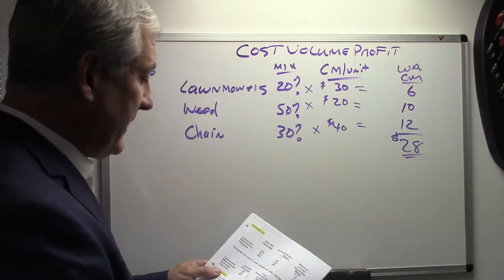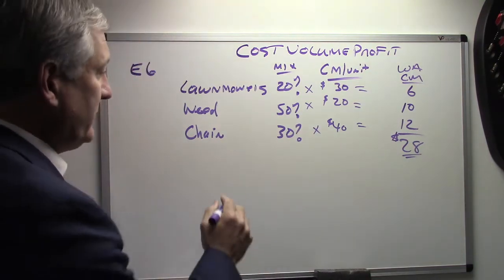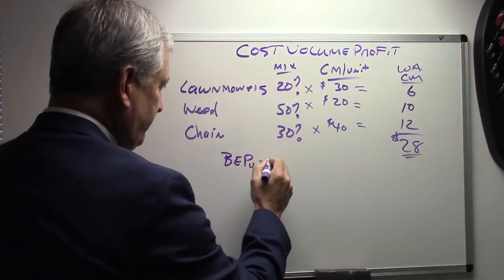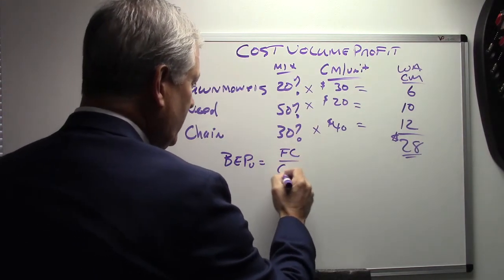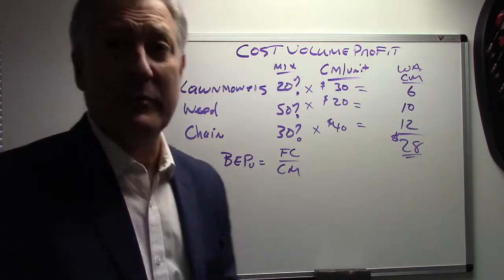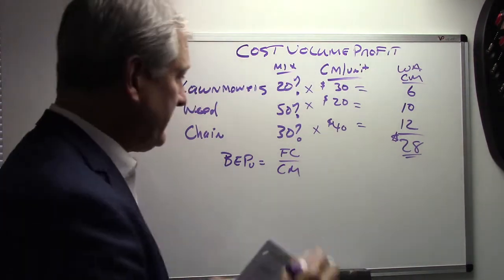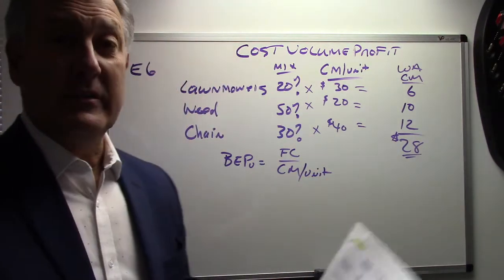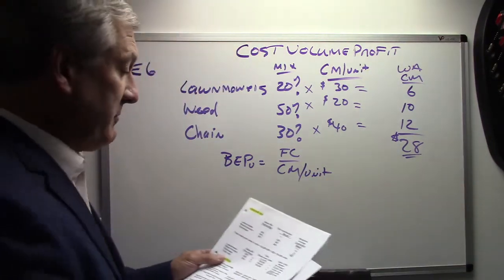And we want to calculate break-even point in units. And we remember that formula. Break-even point in units equals fixed cost divided by the contribution margin per unit, right? And that's on the weighted average basis, of course.